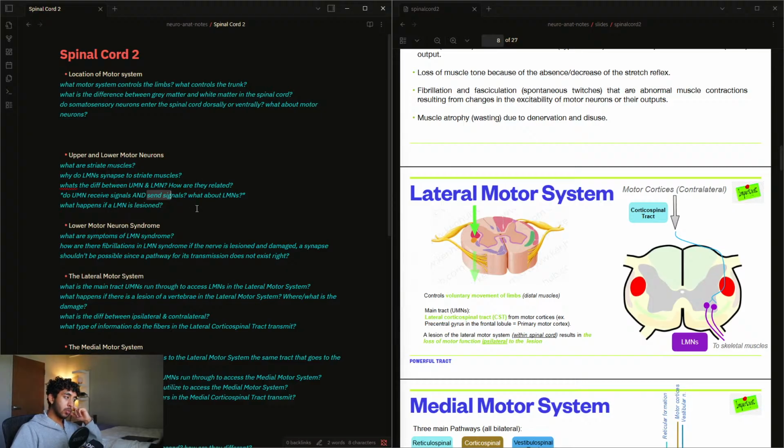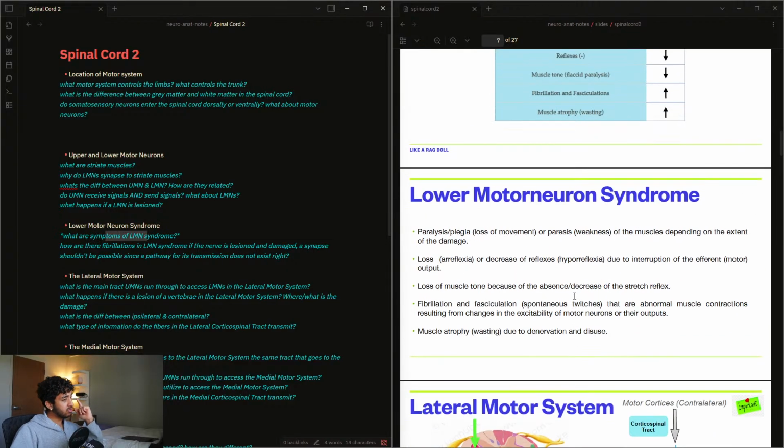What happens if a lower motor neuron is lesioned? Well, then they would be a patient at that point. They would want to move their body. The upper motor neuron would send that signal, but the lower motor neuron would not receive it, so they would not actually be able to move. What are symptoms of lower motor neuron syndrome?